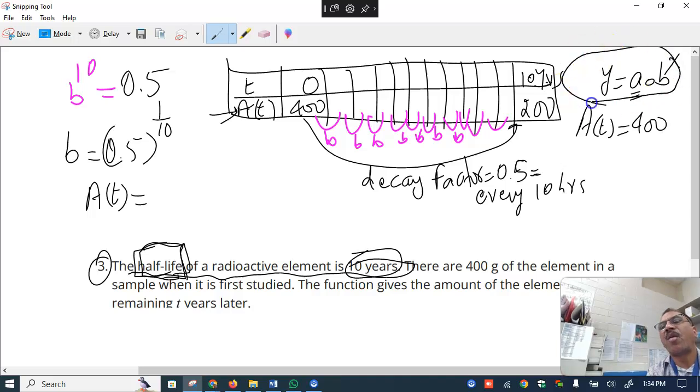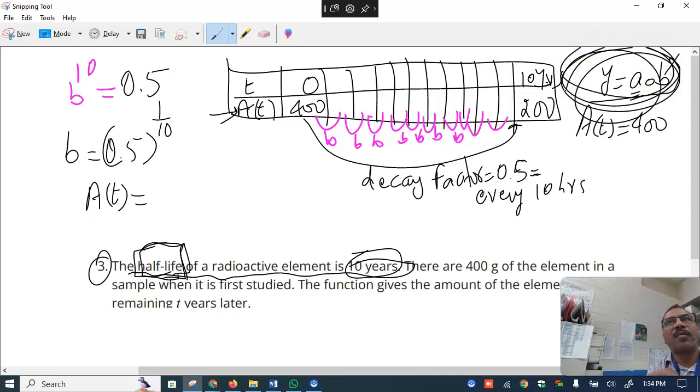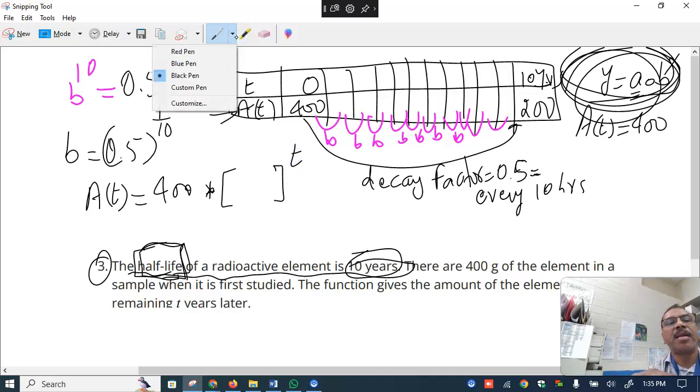So we can use this formula. a is 400, that's what we have. Then times, and I put a bracket to show, and t outside the number of years since it was studied.